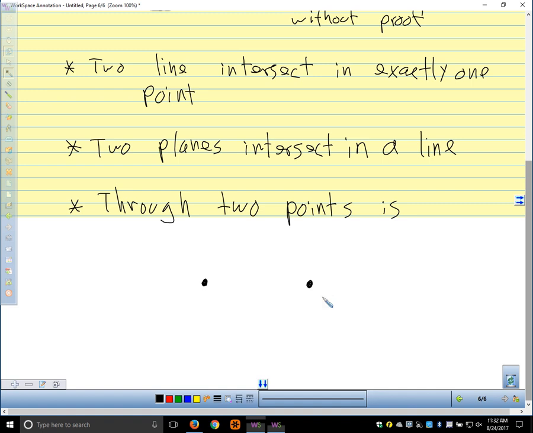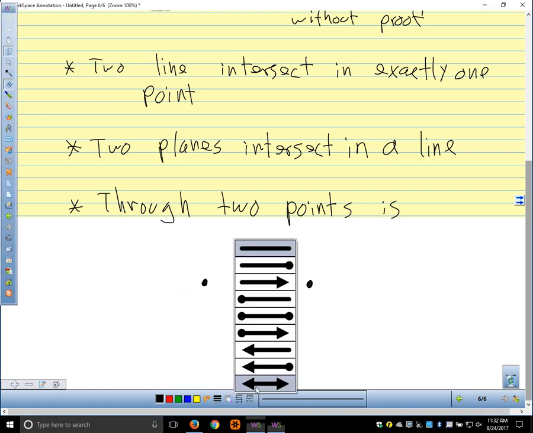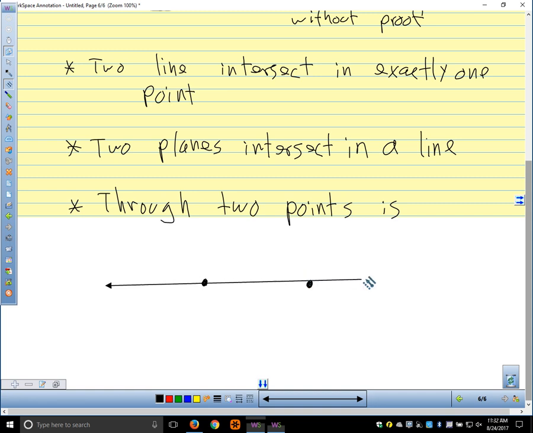If I drew a line through these 2 points, like so, and remember our points are infinitely thin, could I draw another line through there that was different? Those points are infinitely thin. So there's nowhere to move up or down or sideways or anything. Could I draw another line?